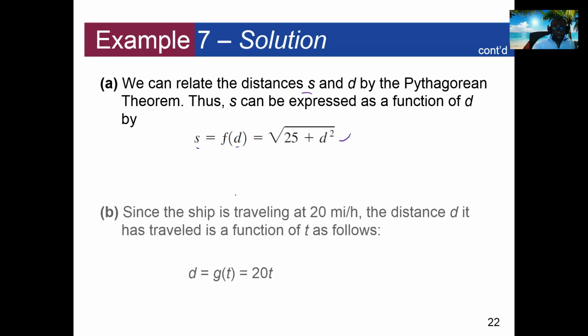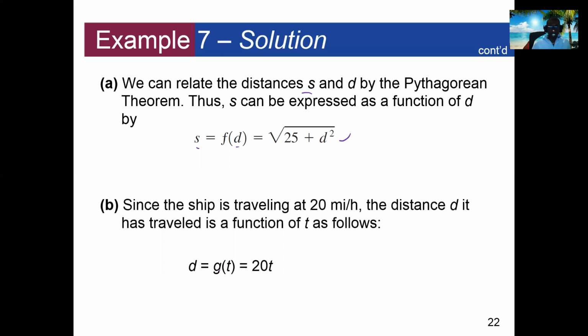And then part B says that since the ship is traveling at this rate, distance d is the rate times the time. The rate, in this case, is the speed, 20 miles per hour, and we are using t for time. So that gives me 20 times time, giving us this expression here.